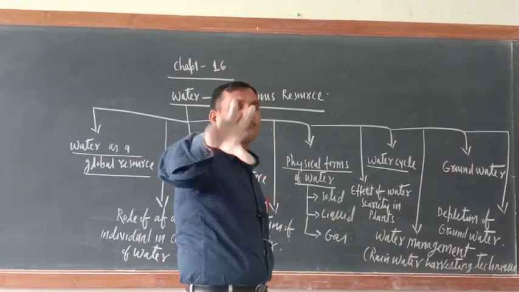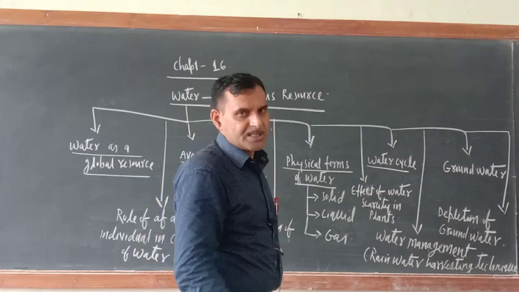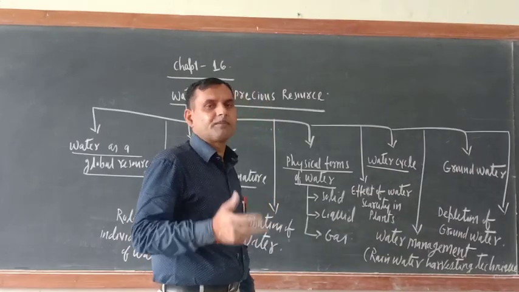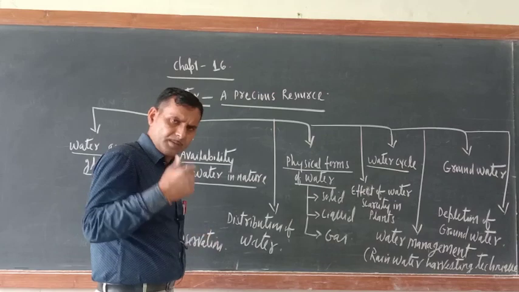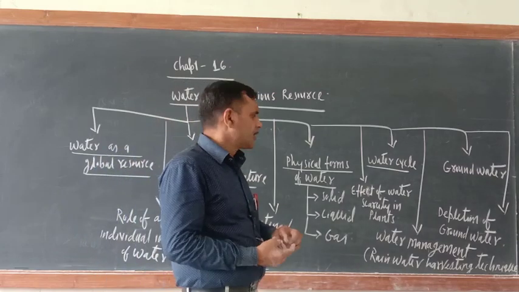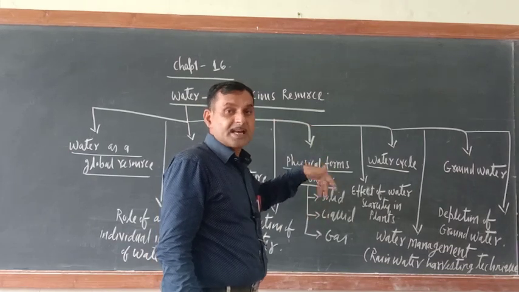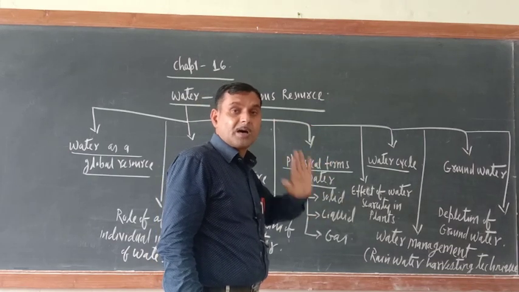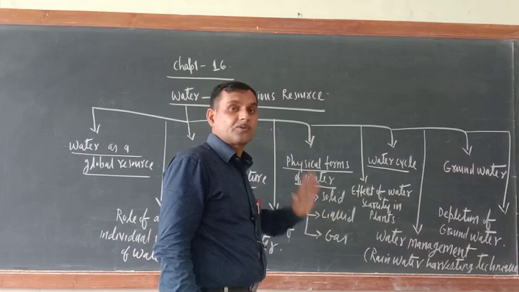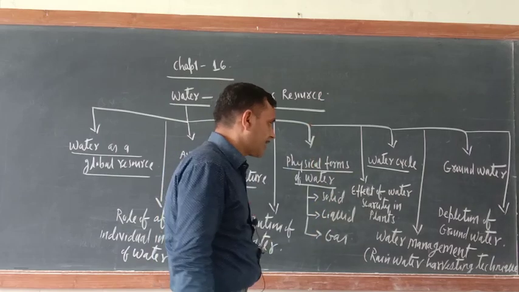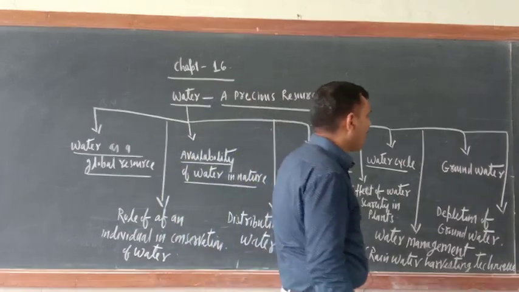There are various processes: evaporation, condensation, infiltration, precipitation or rain. So many processes are there in the water cycle. The circulation of water from earth to sky and sky back to earth, we will discuss in the water cycle.